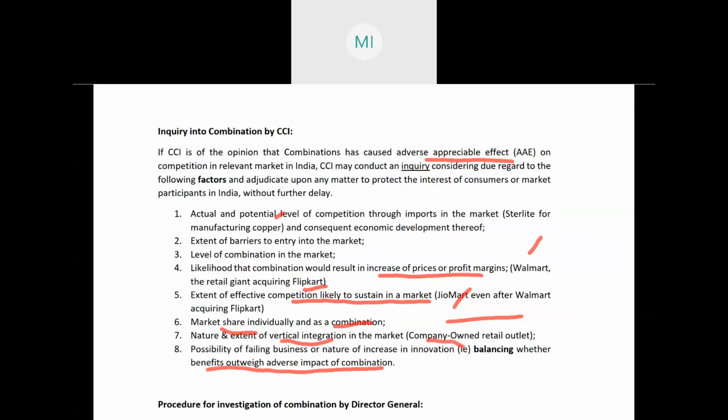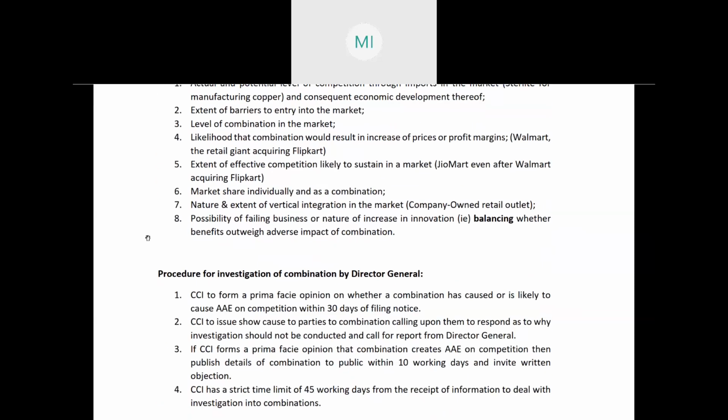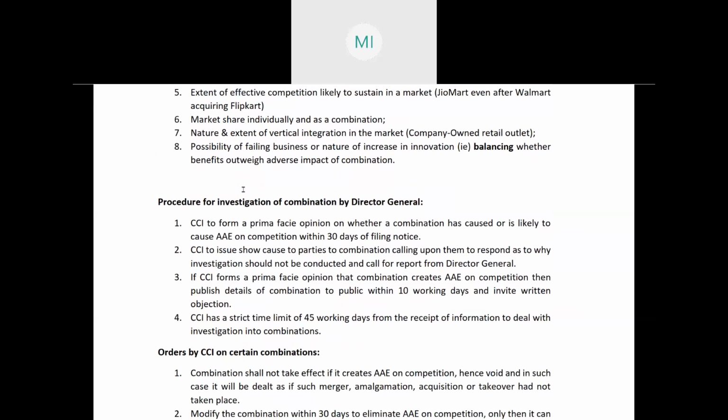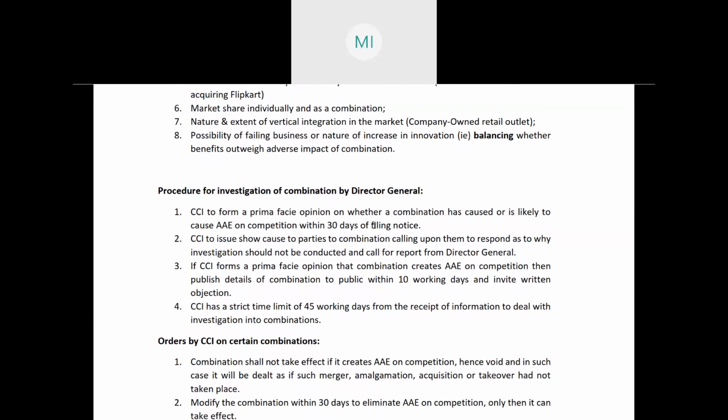Then they will pass the orders as listed below. Before that, there's one other step. CCI can ask the Director General to do an investigation. So the CCI forms a prima facie opinion on combination, then it can ask the Director General to do an investigation also.